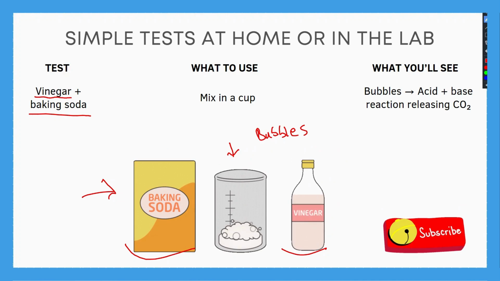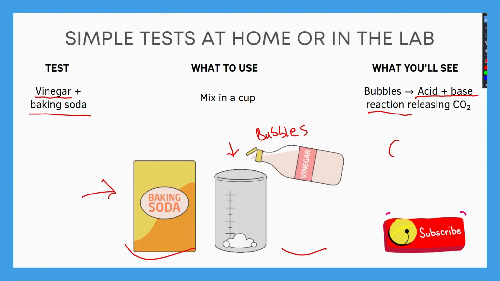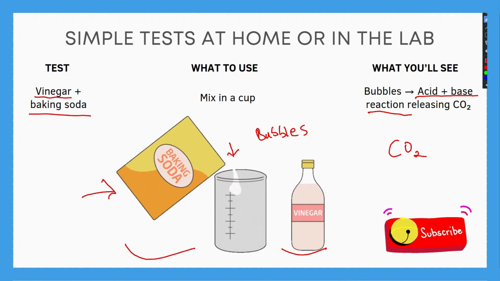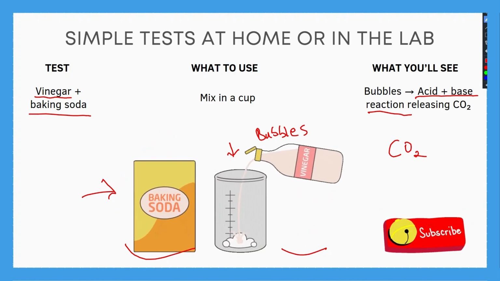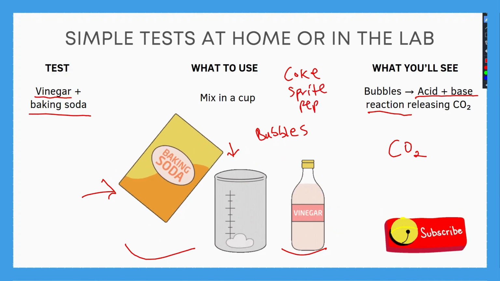Those bubbles that are forming are the product of an acid and a base reaction that is releasing carbon dioxide, CO2. Now, carbon dioxide is also the same gas that comes out of your carbonated drinks. Carbonated drinks like Coca-Cola, carbonated drinks like Sprite, carbonated drinks like Pepsi.